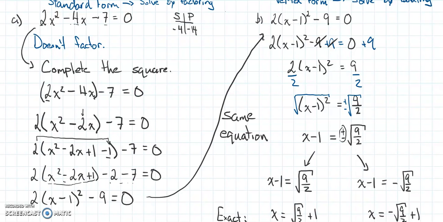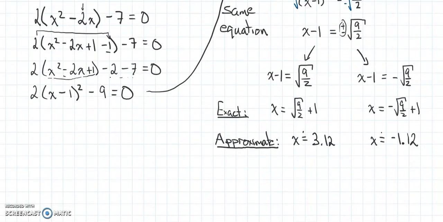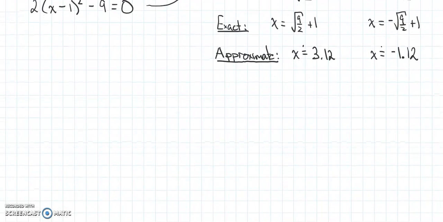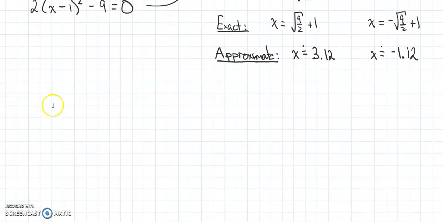The reason I did both these examples and tied them together is, let's say we're given an equation in standard form that we can't factor. Well, how are you going to solve it? The answer is you're going to do exactly this. You complete the square so that it turns into vertex form, and then you can always solve by isolating, which involves square rooting. So let's write this down as a rule.